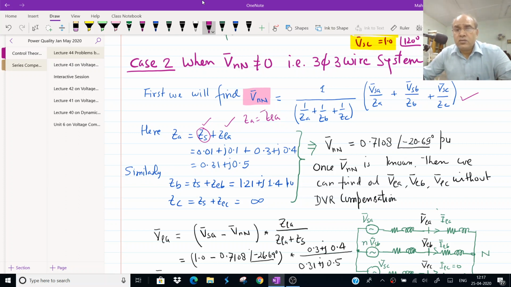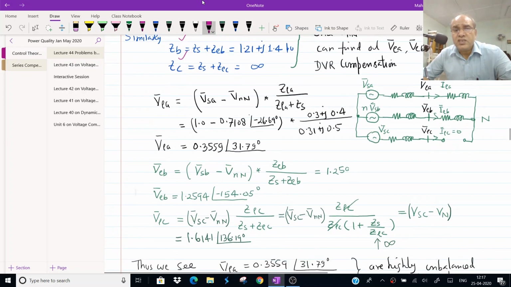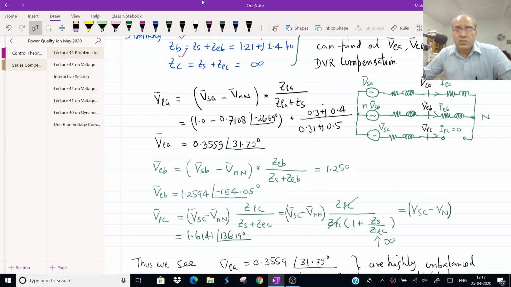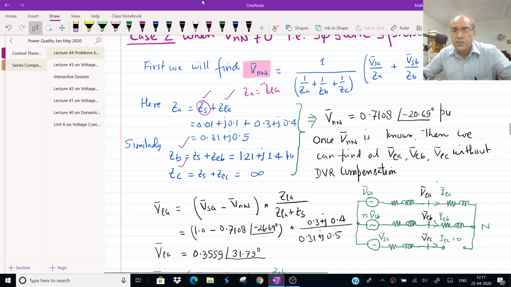You can find out the exact value of ZA, which is the sum of ZS plus ZLA. Similarly ZB and ZC. Solve this, then you can find out the value of VNN. This gives the value of VNN as 0.7108 angle of minus 20.69.